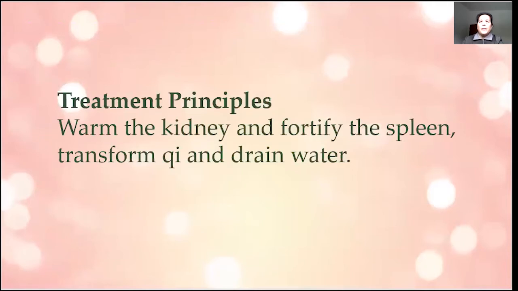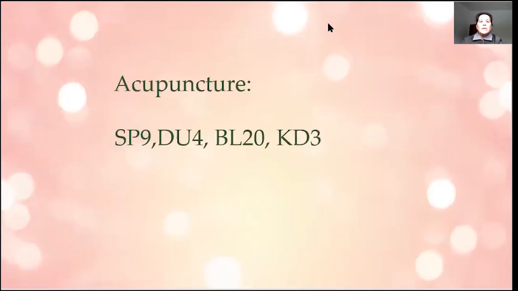Then treatment principle. We need to warm. Yang deficiency, we need to warm kidney yang and tonify spleen qi and drain the water, reducing the edema. So we especially need moxa for this one.